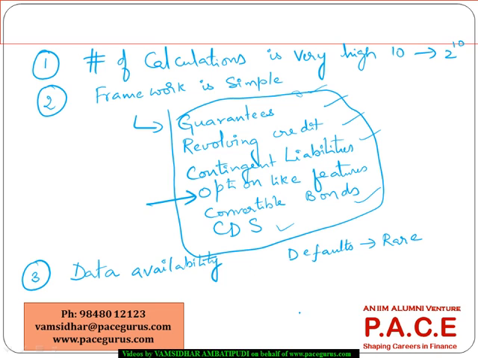So generally, having more data matters, because the probability of one firm defaulting itself is very low. Looking at a joint default, the probability of two or more firms defaulting together within the same time frame will be even lower.